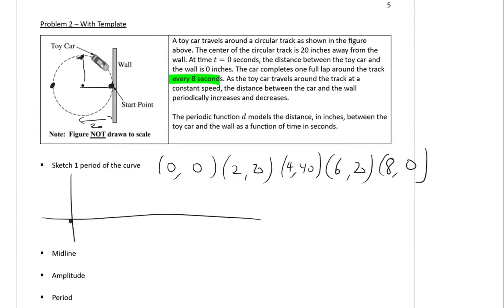0, 0. 2, 4, 6, 8. And we need 20 and 40, okay? So at 2, it's 20, at 4 it's 40.